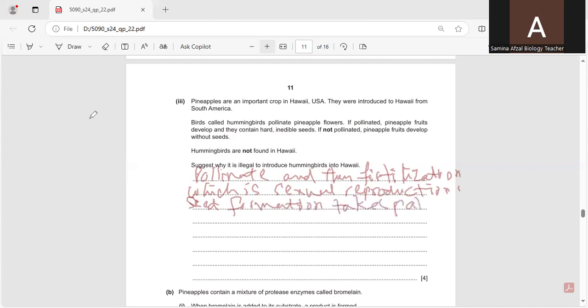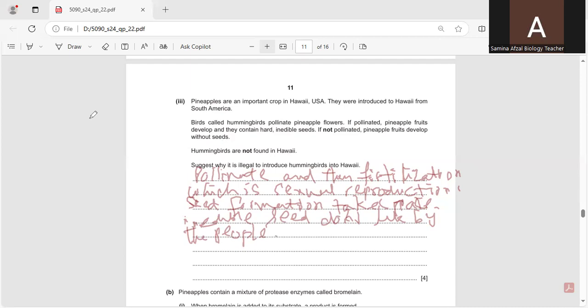And these seeds are inedible. Seeds are not liked by the people. They depend on easily consumable food.